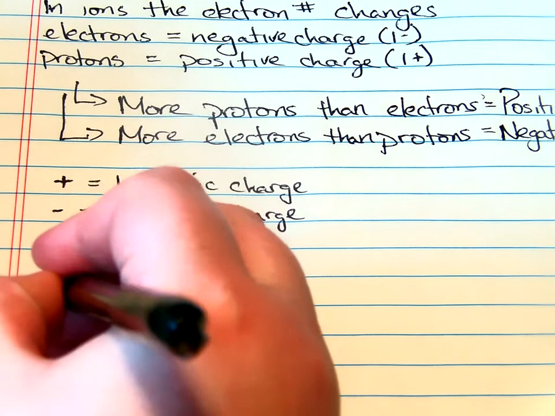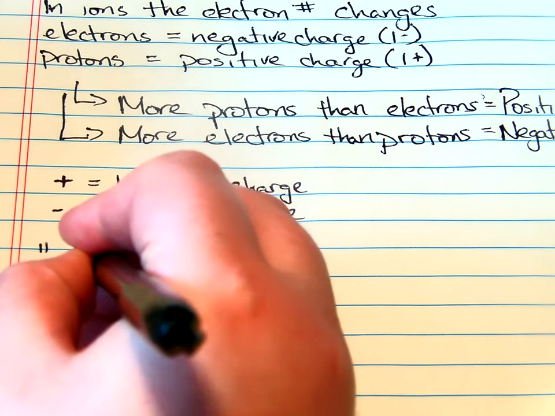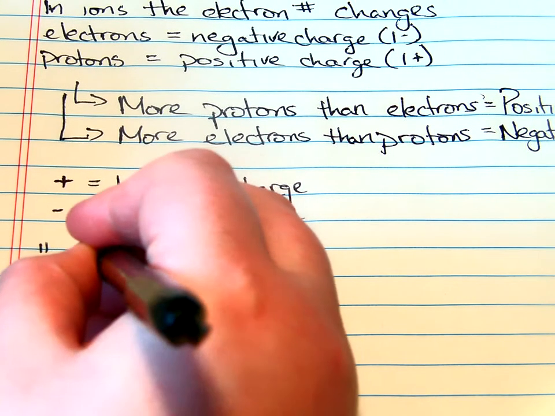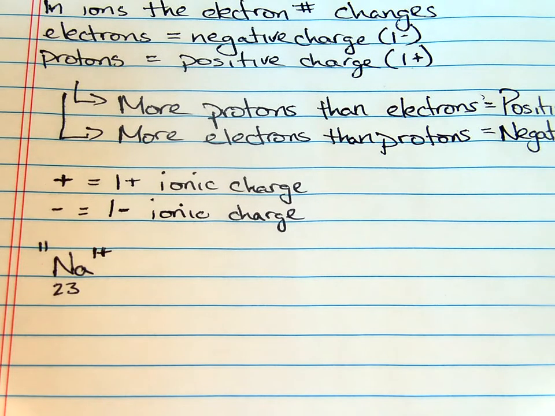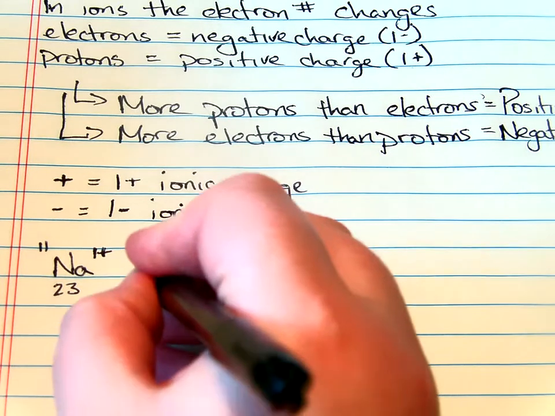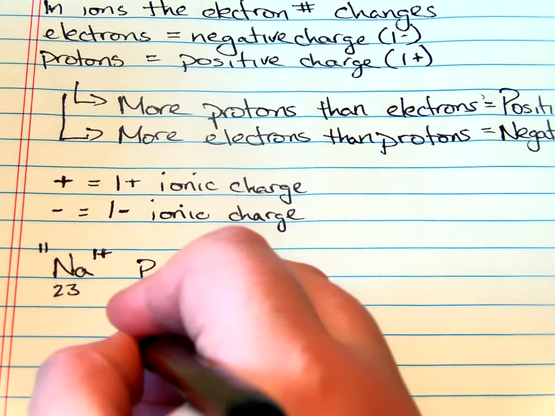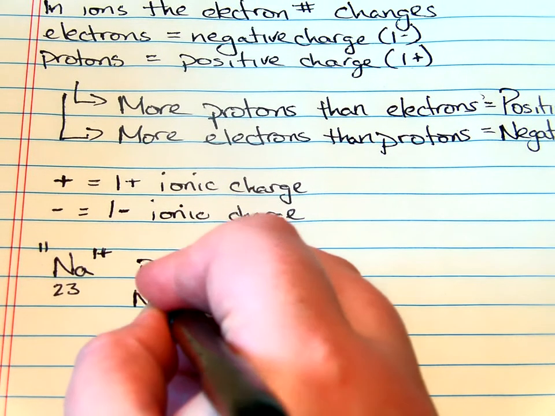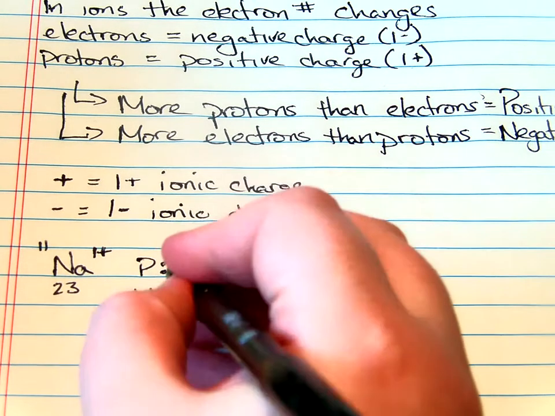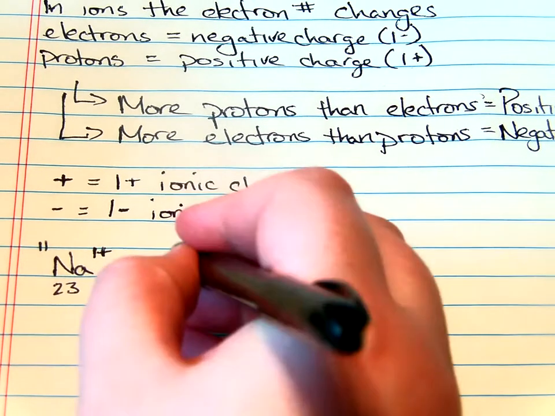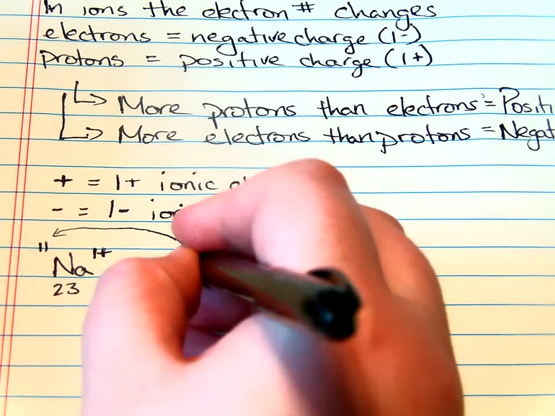So 11, 23, 1 plus, and I would encourage you to get in the habit of writing that 1 there, just so you, like the periodic table, cannot get misconstrued. So we're going to have our proton, neutron, and electron number. Okay, proton is going to be the atomic number because they are always the same.